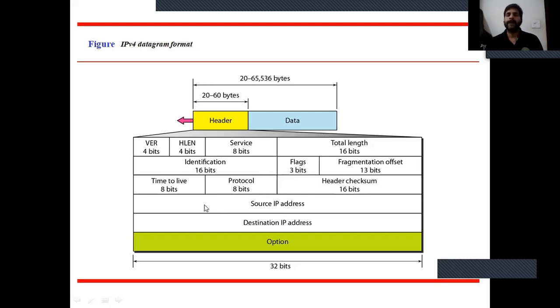The source IP address contains 32 bits, and the destination IP address also contains 32 bits. The option field is used for future use. So this is the IPv4 datagram format.